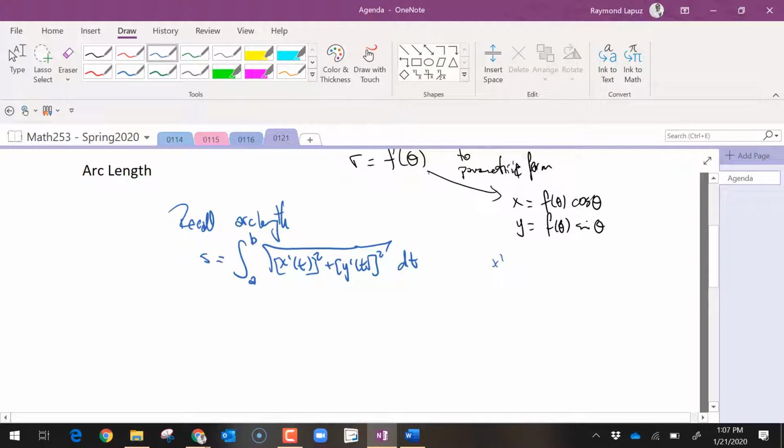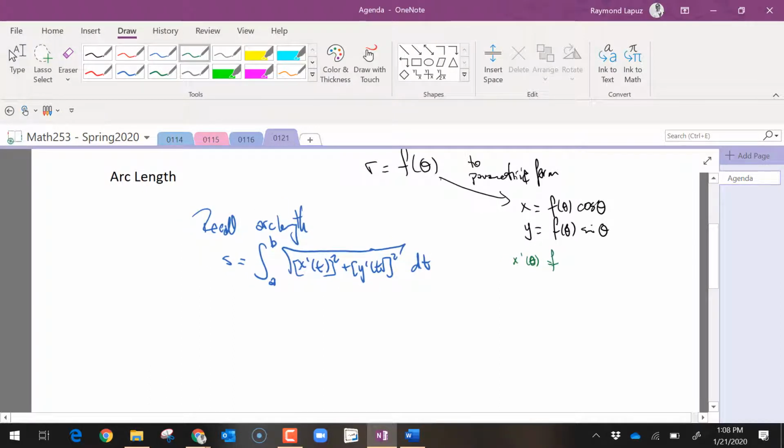So we need x prime of t. Now f of t, I guess this should be theta. f of theta is a function of theta, cosine is a function of theta, so we have to do a product rule. I think we saw this also already when we were taking a look at the derivative.